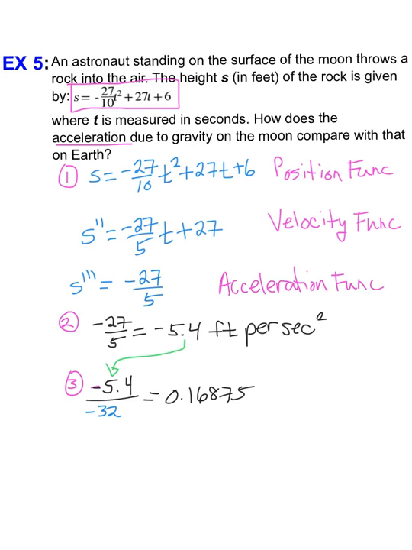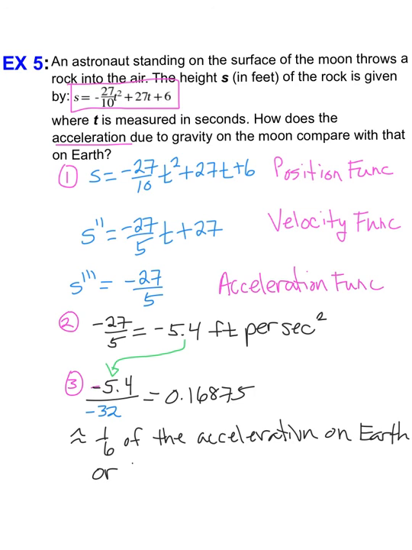So that's similar to a fraction. It's about 1/6 of the acceleration on Earth. Now, you might prefer instead to call it as a percent, or if we wrote that decimal as a percent, it would be 16.875% of that on Earth.